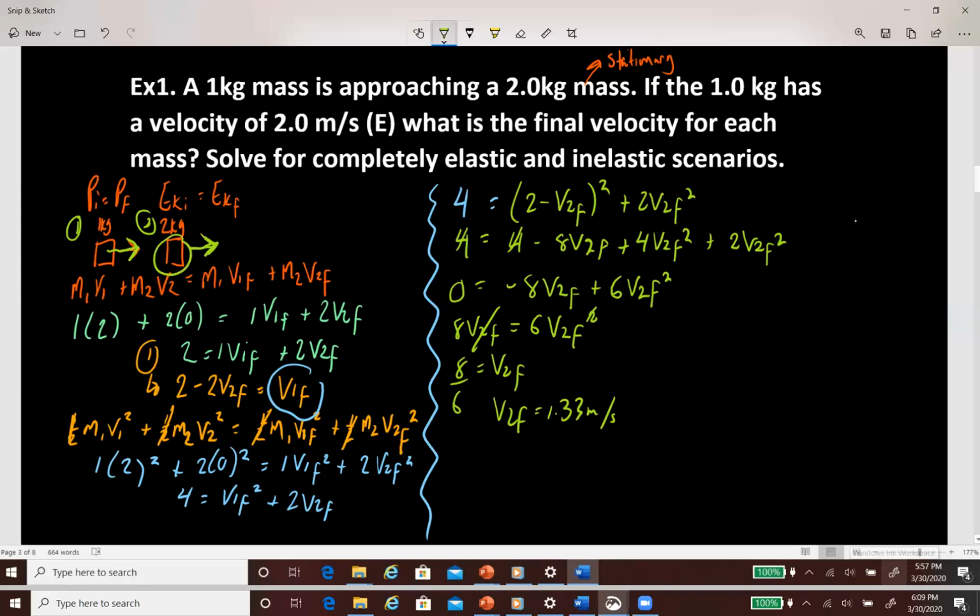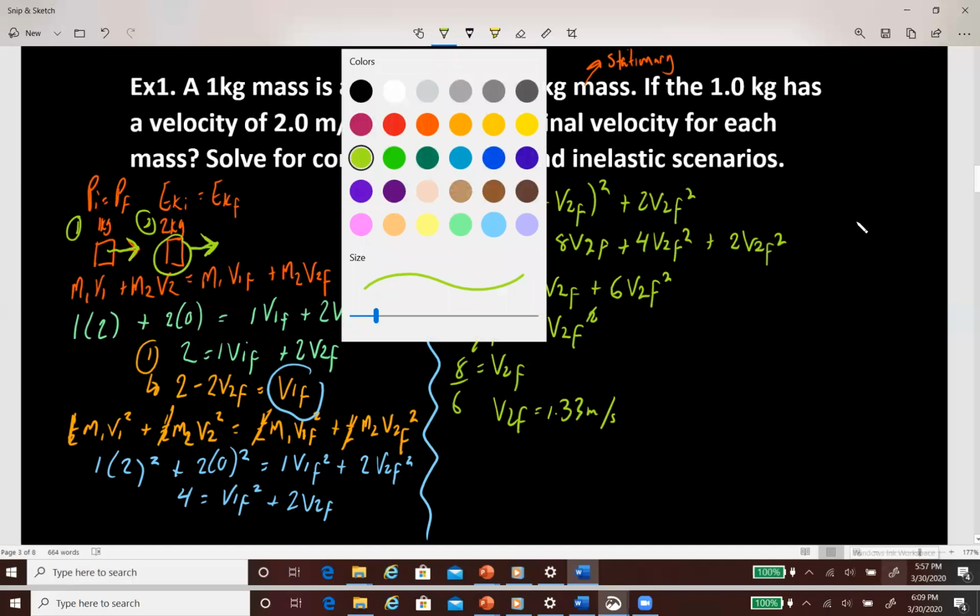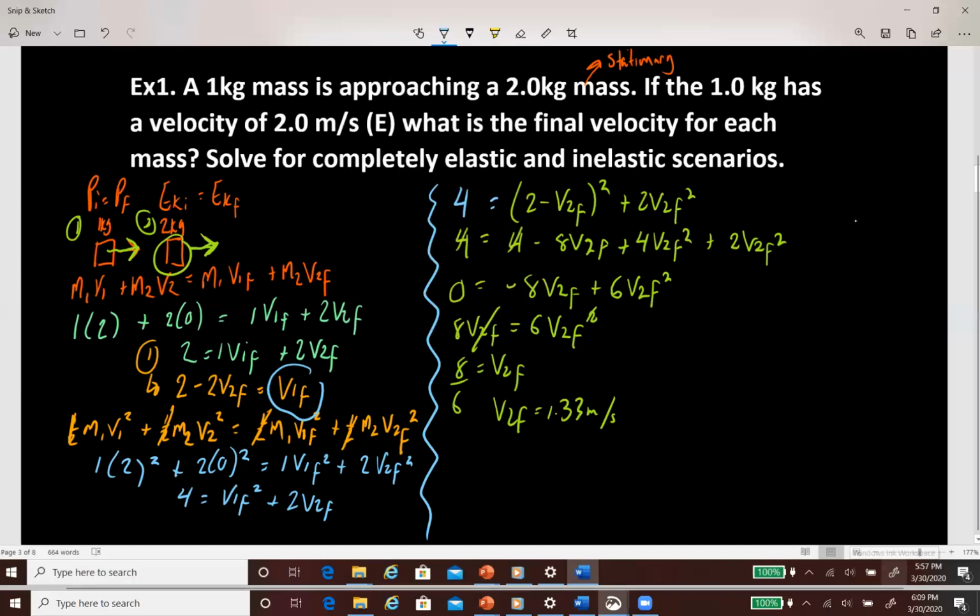Now, what's going on with the V1? Okay, so we know V1F is equal to 2 minus 2V2F from over here. So if we sub in, V1F is equal to 2 minus 2 times V2F, which is 1.33 meters per second.